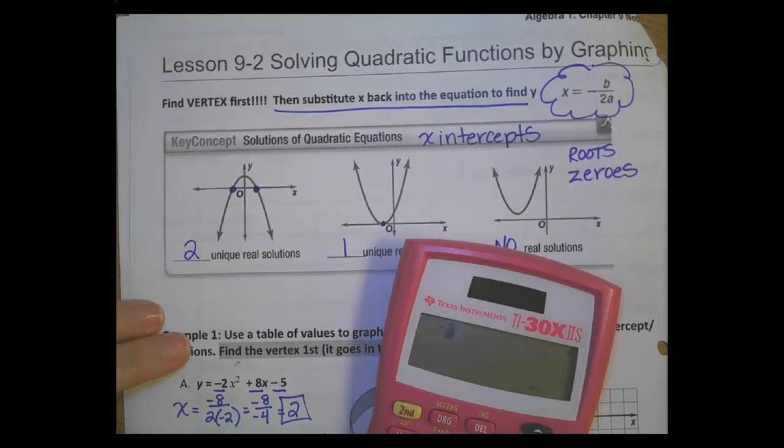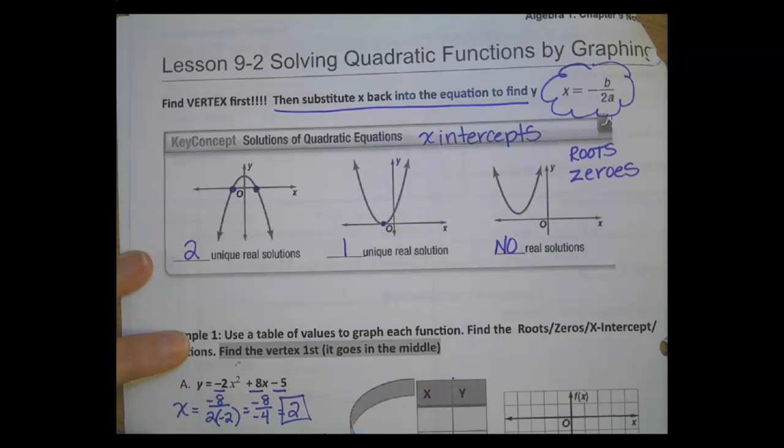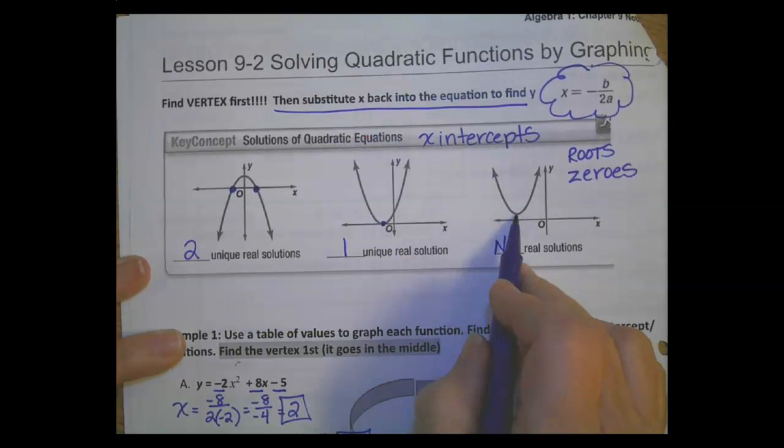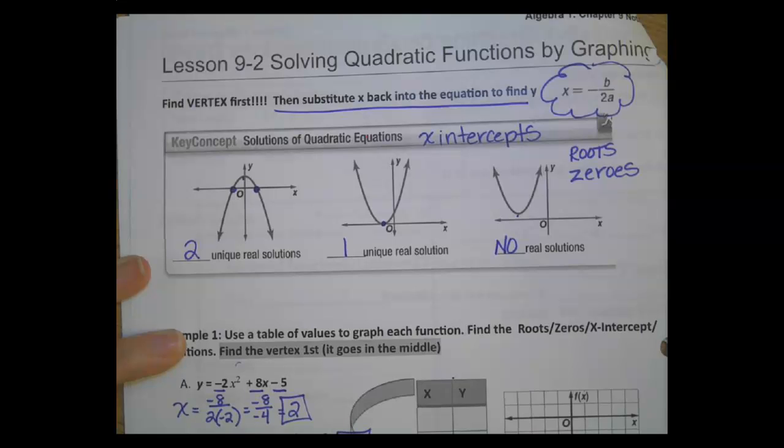I put -2 parentheses 2 squared plus 8 times 2 minus 5, equals, and my solution is 3. So my y equals 3, and that's my ordered pair. That's the vertex. It has nothing to do with my solutions; that's just the minimum or maximum.